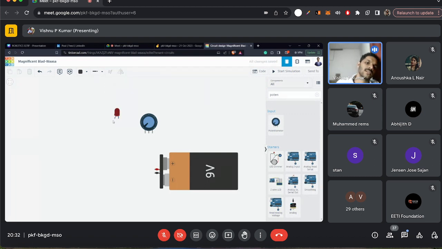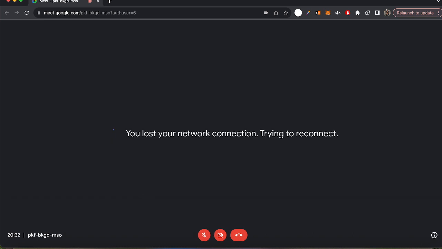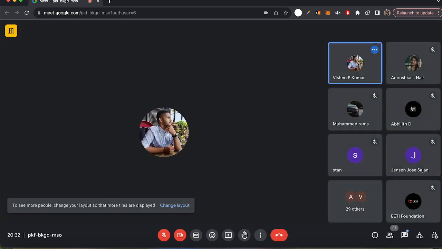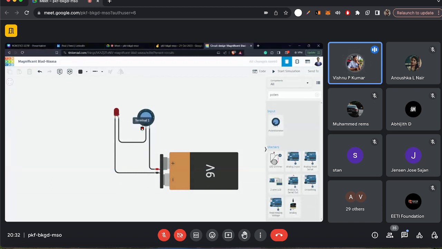Then I'm connecting the last pin to the positive, and this one I'm connecting to the negative itself.